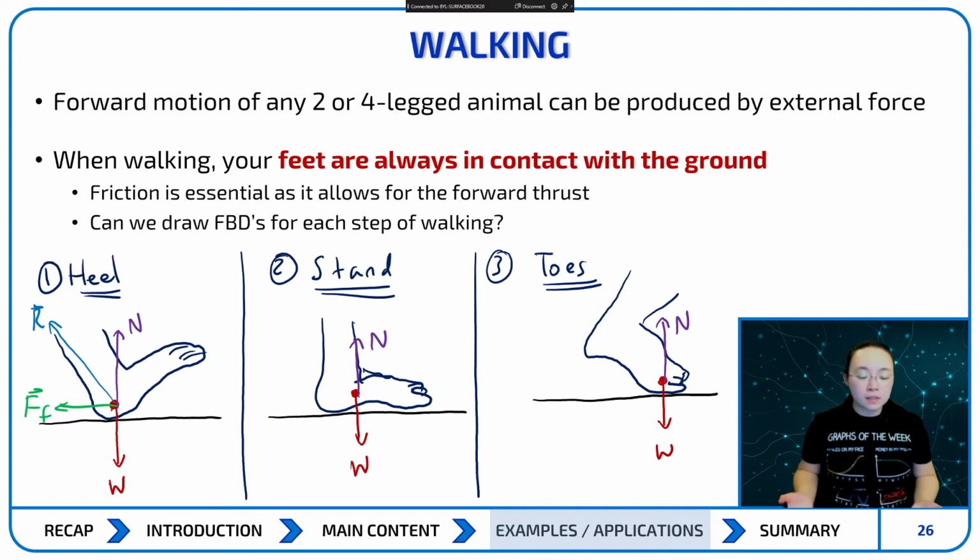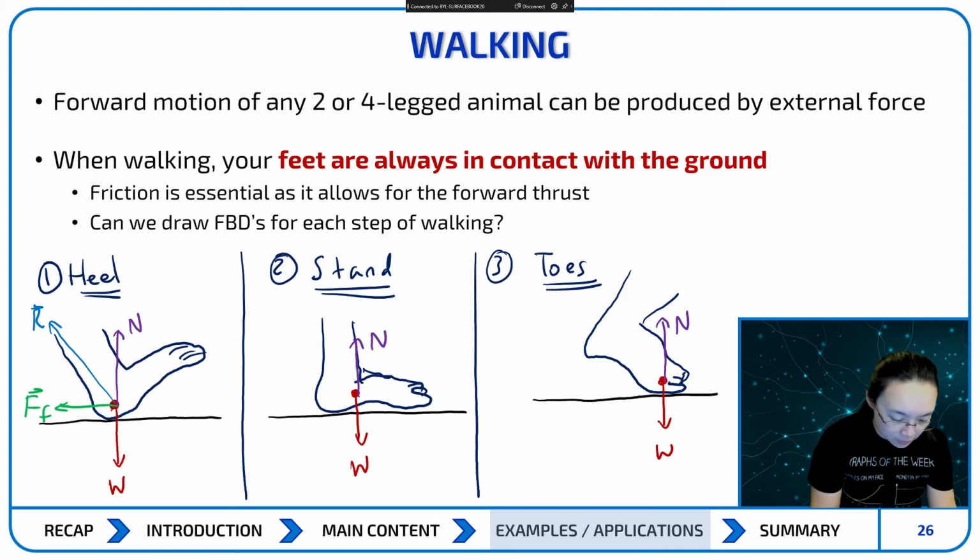And now we have to consider, if I am now on my tippy toes, is my intended motion backwards or forwards? So if I'm doing a thrust forward, it means I'm actually pushing my feet back. So I'm trying to move back, and that means friction is going to act in the forward direction to oppose my intended motion.